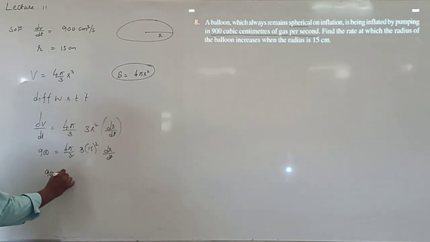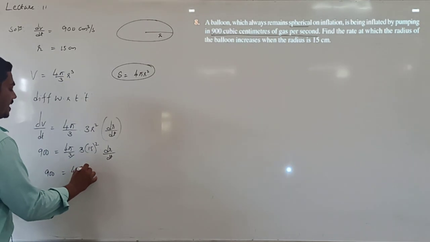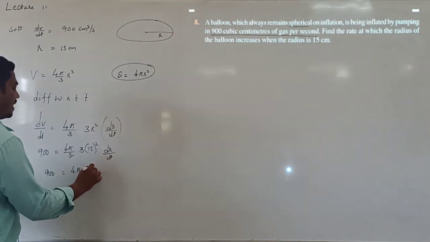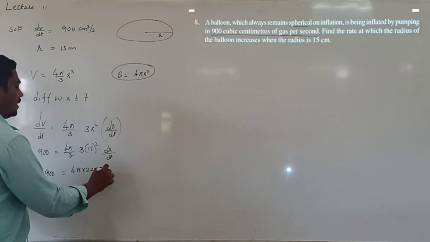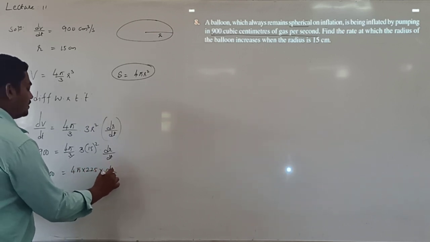900 is equal to 4 pi into 225 into dr by dt.